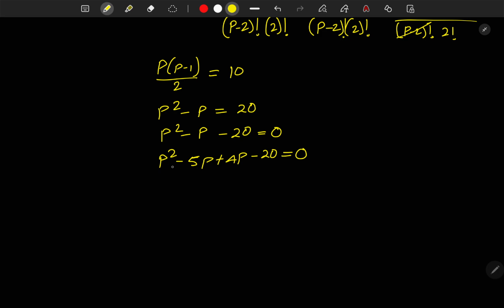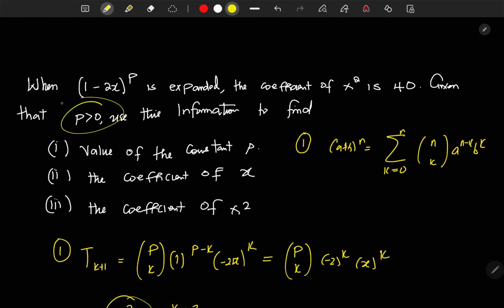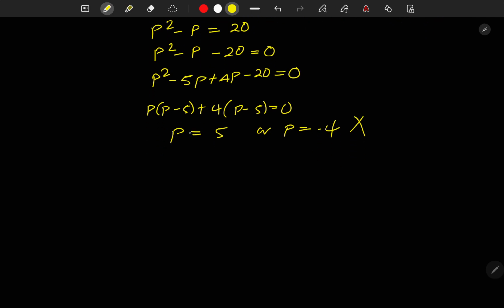You see the concept? So now we get p minus 5 and p plus 4, which gives us p is equal to 5 or p is equal to negative 4. We can't take this one because the condition is p is greater than 0. So we only get p equal to 5 as the only answer.